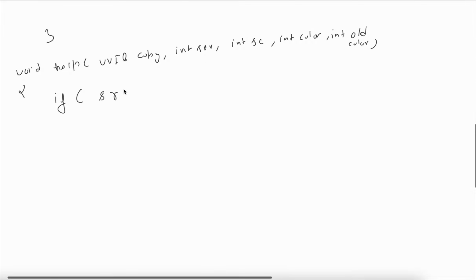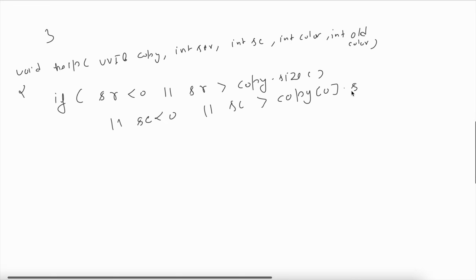If sr is less than 0, it means your current row has gone to the negative side, or you have exceeded the max row present in the image, or your column is less than 0, or your column has exceeded the max column present in the image, then you simply return from here. You don't need to do anything. This is your base case.